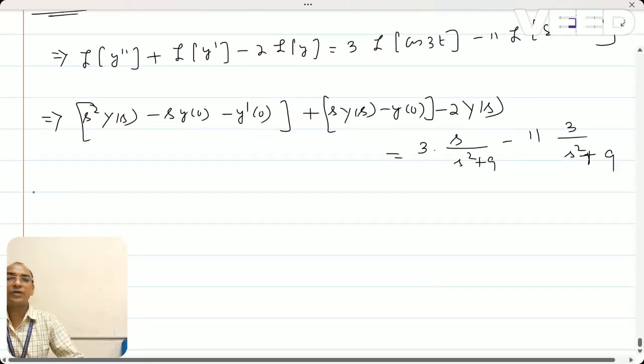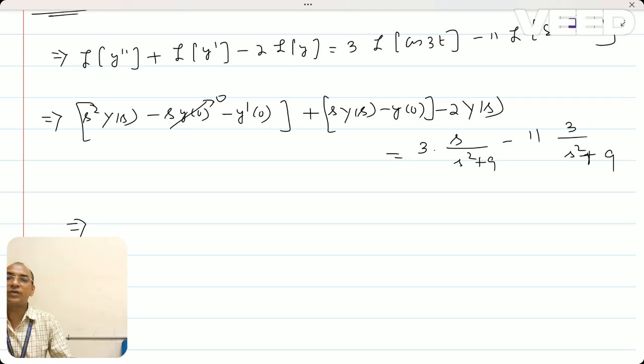If you simplify it, y(0) is 0 and y'(0) is 6.